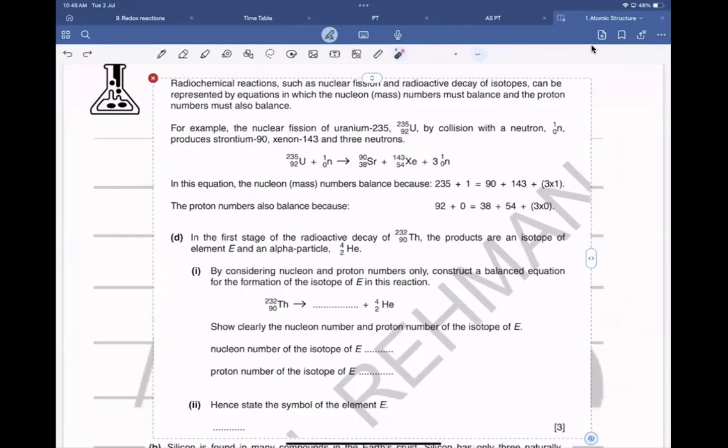So I have sent you. Yeah, I received your answer. Okay. Nucleon number of isotope of E is 228.